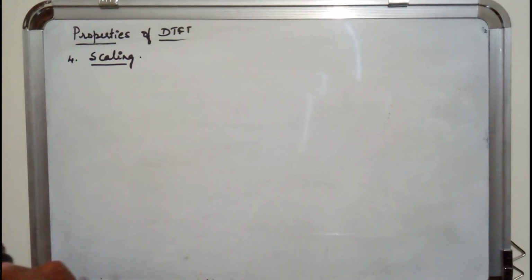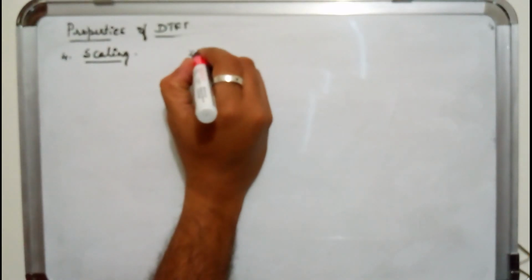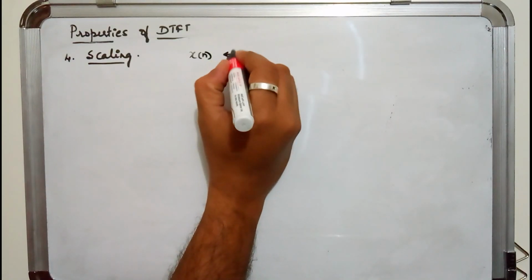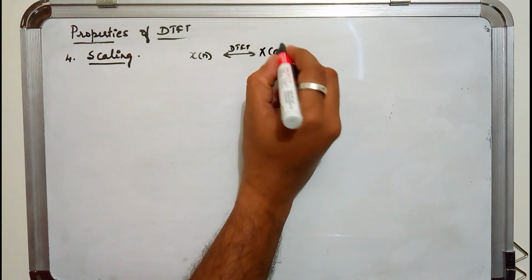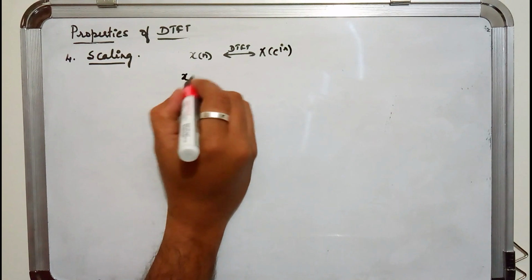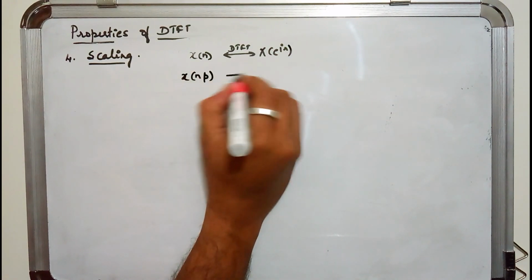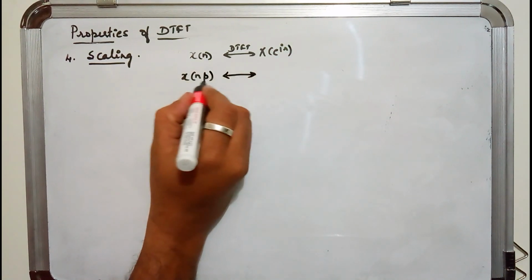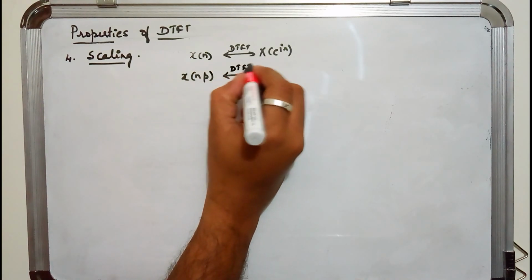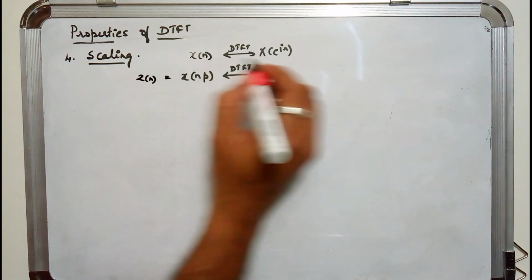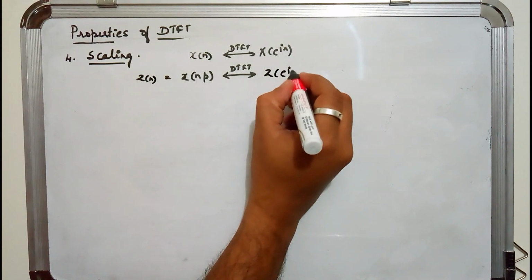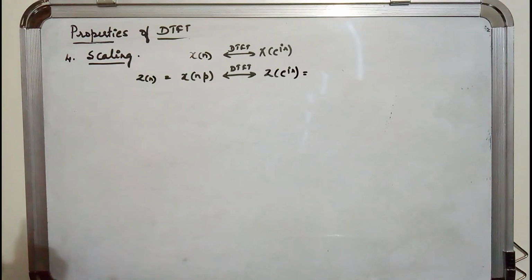So the next property is the scaling property. If x of n forms a DTFT pair with x of e power j omega, then what is the DTFT of x of np? That is scaling by a factor p. So this is what we need to find out. So z of n, and its DTFT is z of e power j omega.